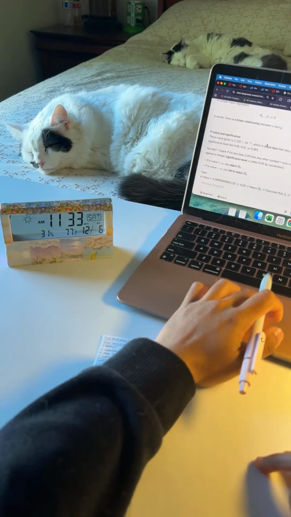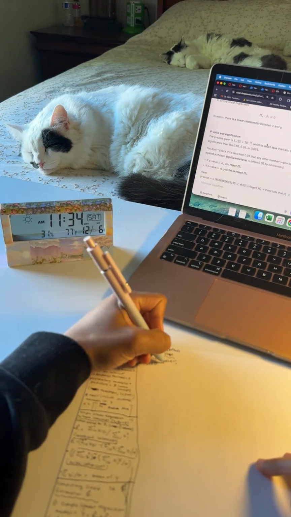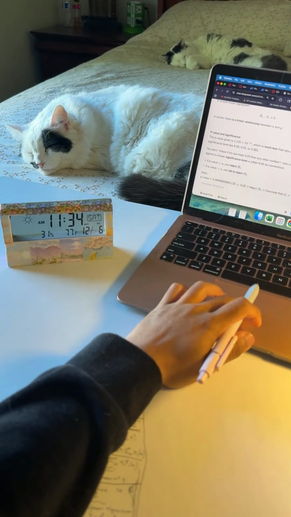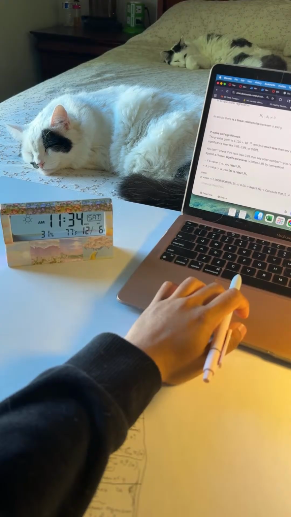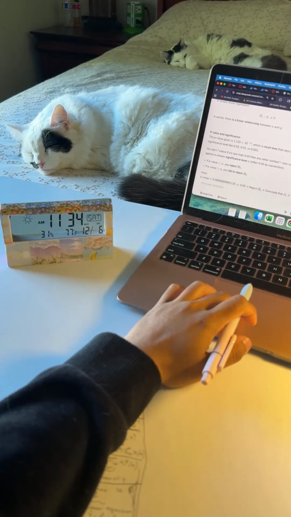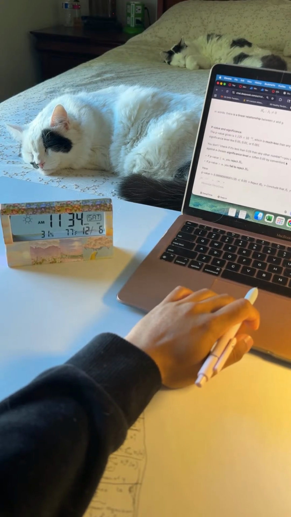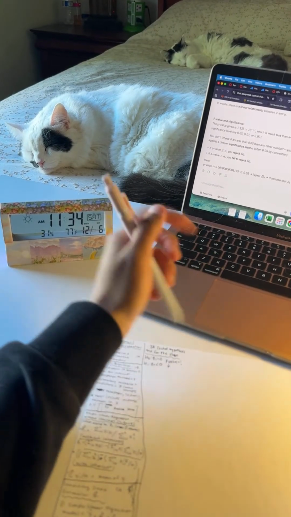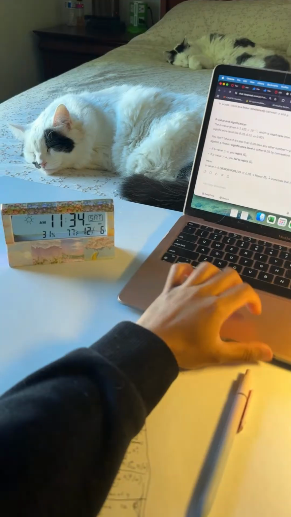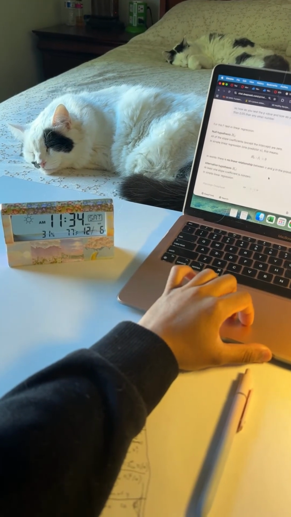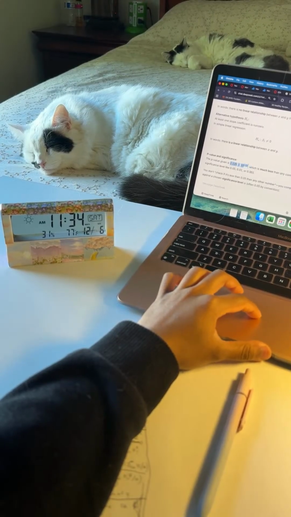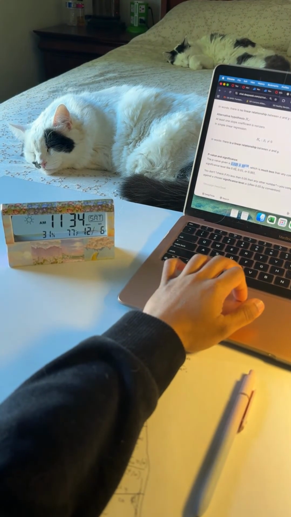The p-value given... Okay, so p-value. So for this, it was supposed to be B. Alright, so the p-value given is this, 1.125.